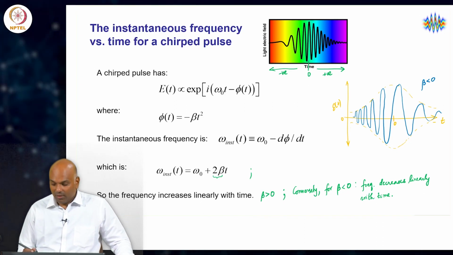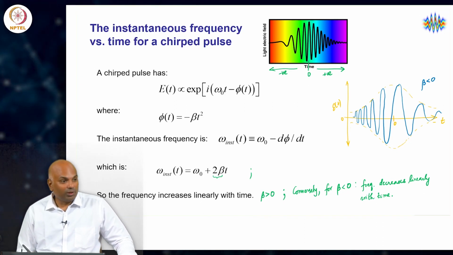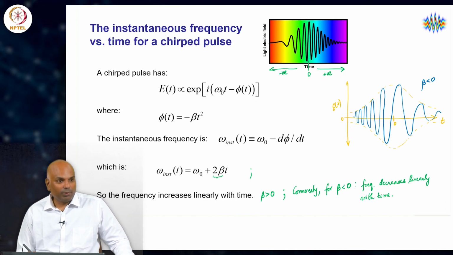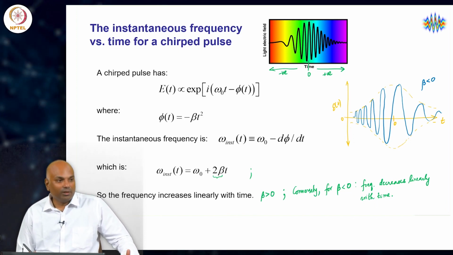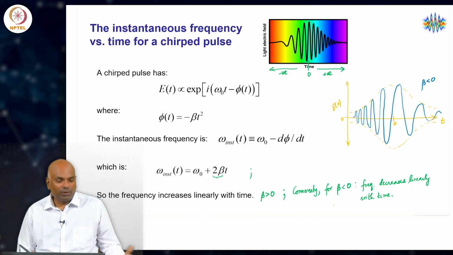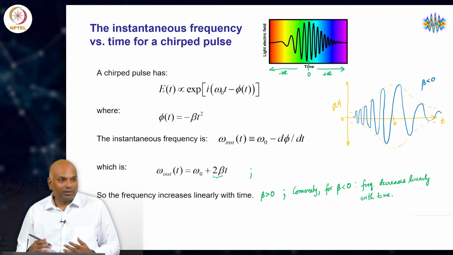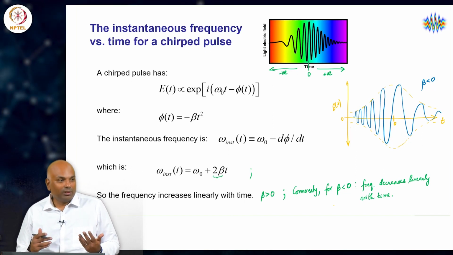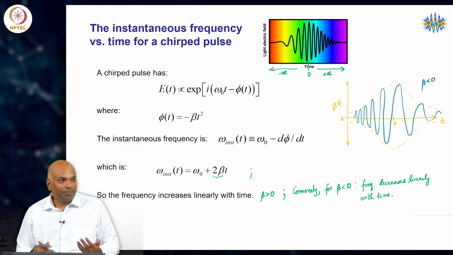So, this is a lot more natural, or in nature, than an unchirped pulse, because dispersion, as we looked at in the previous lecture, adds an inherent chirp to the pulse very easily. It is just a matter of propagation, and pulses gather dispersion.